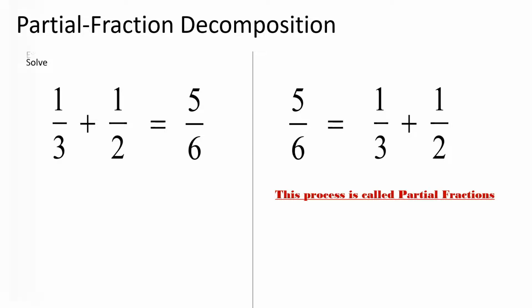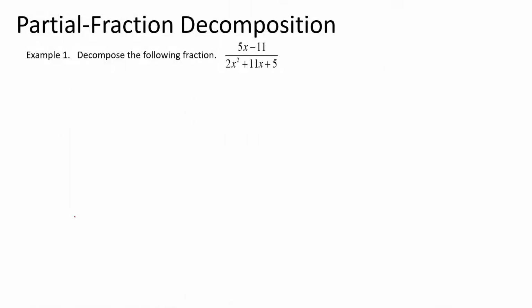So let's take a look at example 1. Decompose the following fraction. Our fraction is (5x minus 11) over (2x squared plus 11x plus 5). In order to write that as partial fractions, you want to start by factoring the denominator.